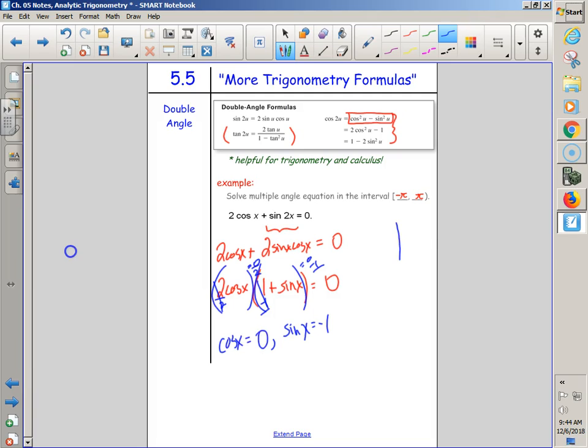Wait, those are on the axes, right? It's not 1, 2, 3, or 3, 2, 1. Oh, well, sine is the y. Y is negative 1 at, oh, here he is. And isn't that going to be 3 pi over 2? You're right location, wrong angle. I need to go negative to get there. 3 pi over 2 is too big. So I could say negative pi over 2. And then when is the x 0? Pi over 2 and, oh, well, we already have the other one.